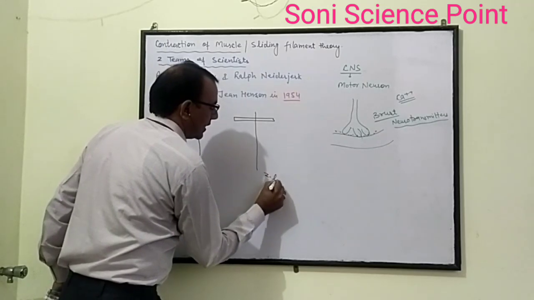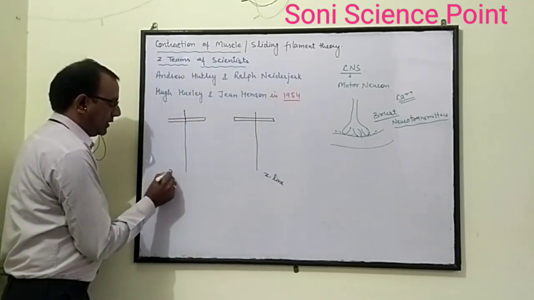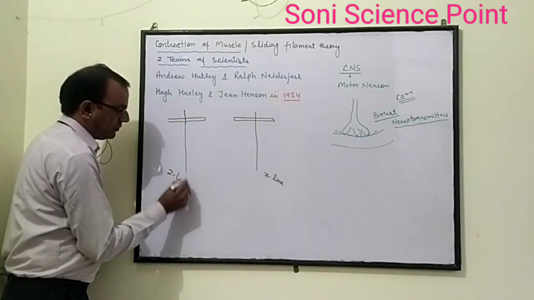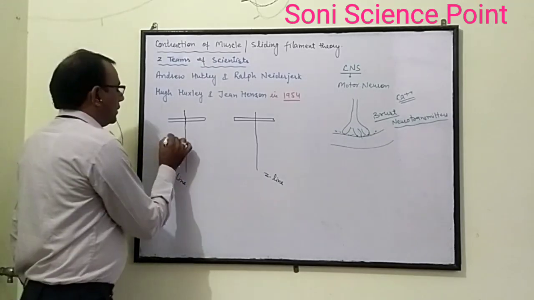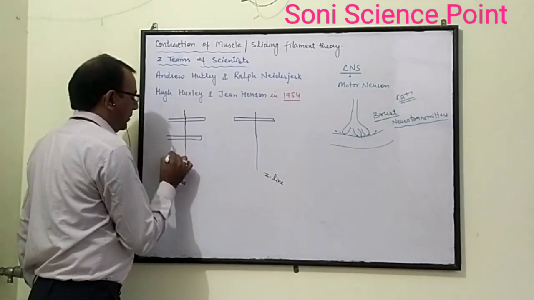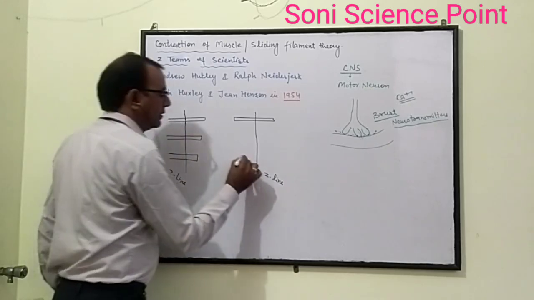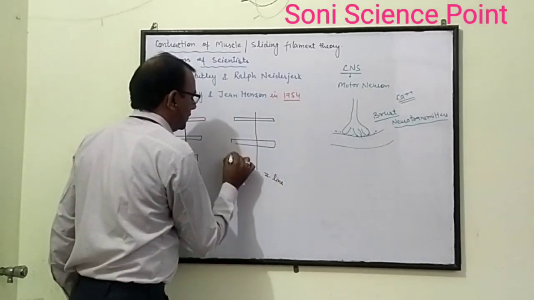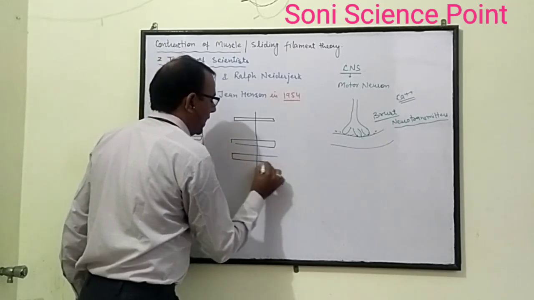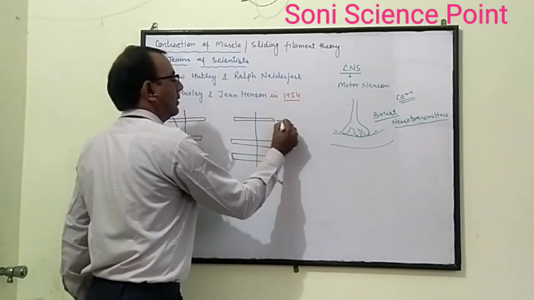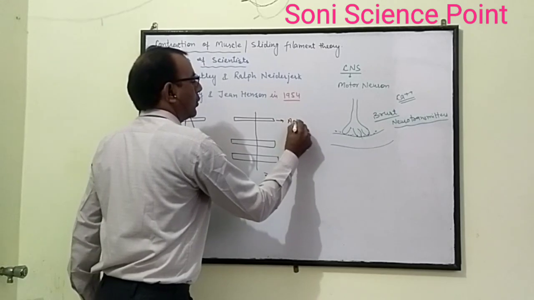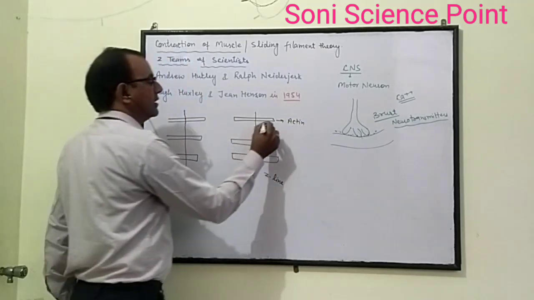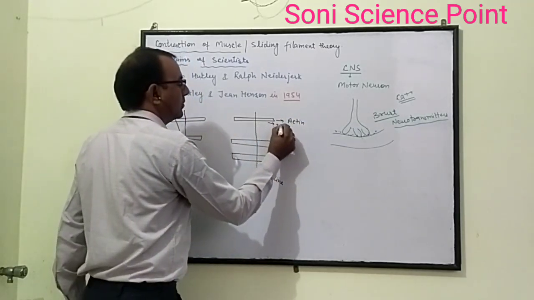This one is a Z line, and this one is a Z line. Some more actin filaments are drawn. This is the actin protein, and this one is the I band.